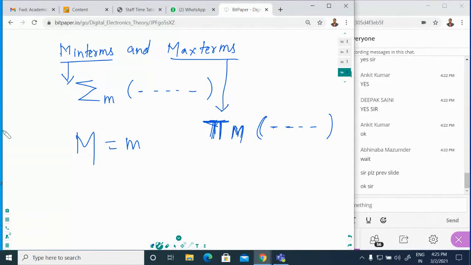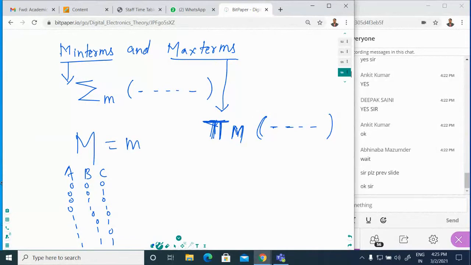Okay, for 3 variables you can represent the values A, B, and C. You can take the values from 0, 0, 0, and you can start 1, then 2, then 3, then 4, then 5, and 6, and 7.